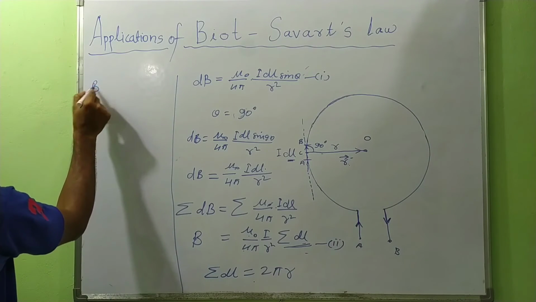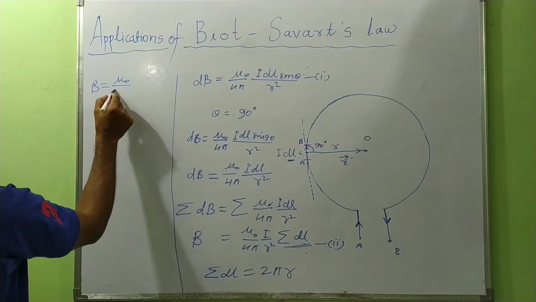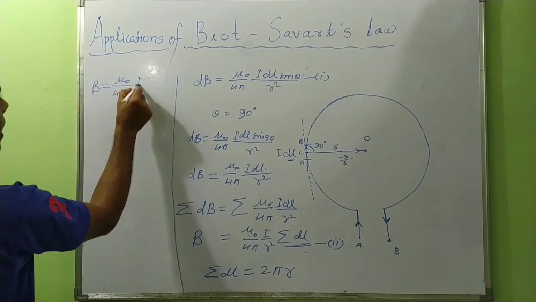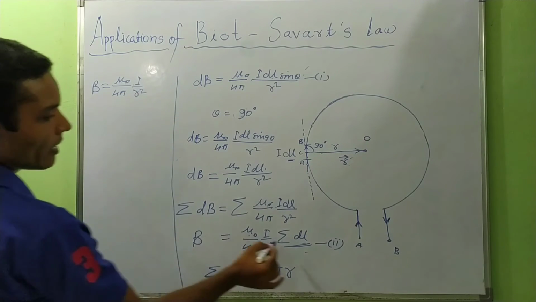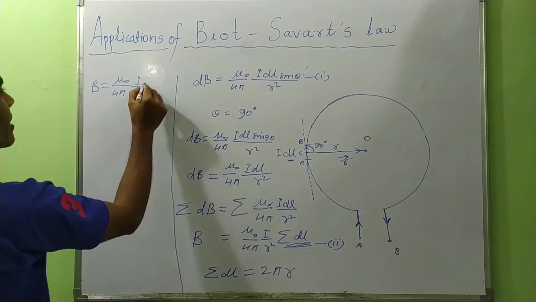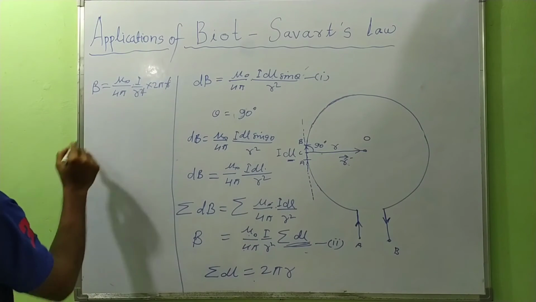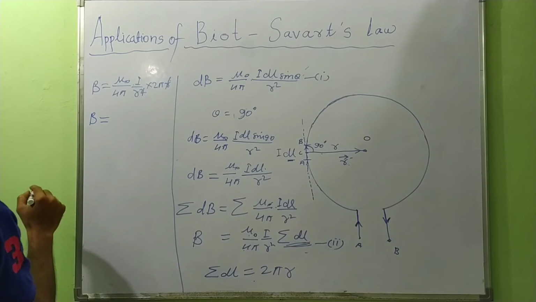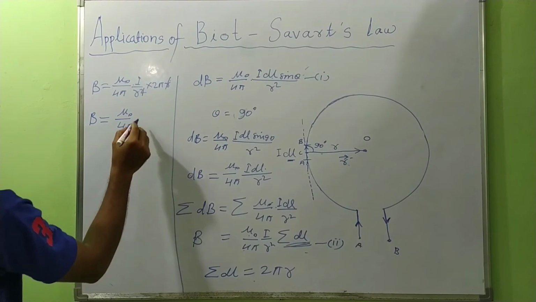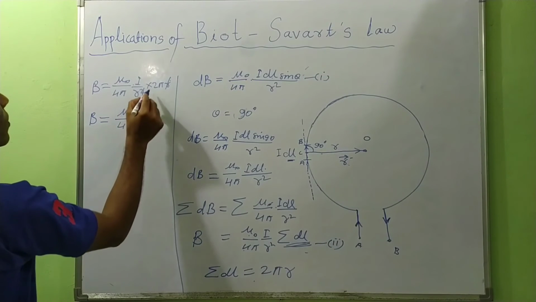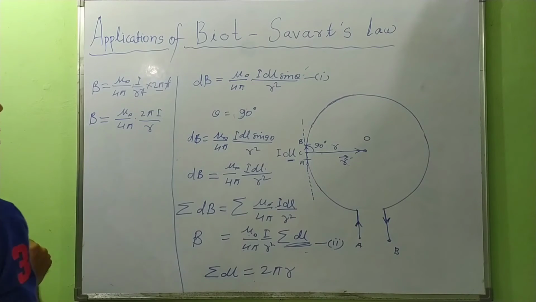So on putting the value of summation dl in equation number second, what will it be? It will be B equals mu naught upon 4 pi, I upon r square, and the value of summation dl is 2 pi r. r cancelled by r, then it will be equal to mu naught upon 4 pi into 2 pi I upon r.